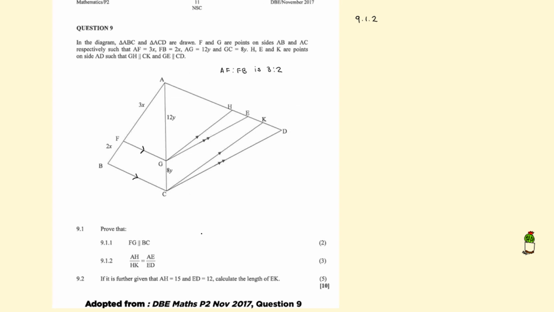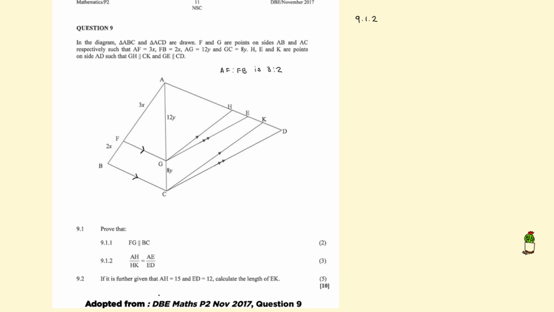So now the way I'm going to set this out, because these two ratios are not in the same triangle, we're going to use the proportionality theorem in the individual triangles and find out what their ratios are, and as soon as those ratios are equal to each other, then we can say that these two are in proportion.